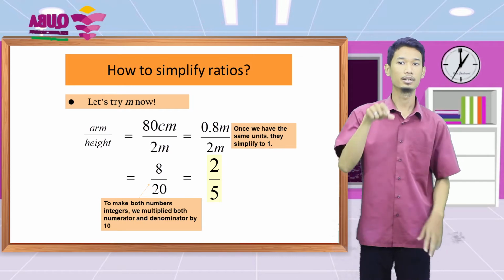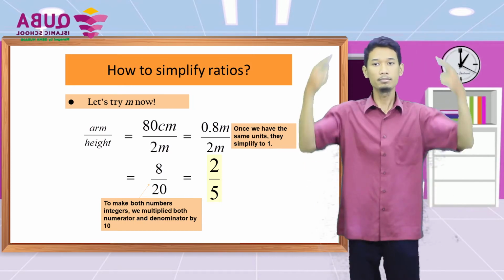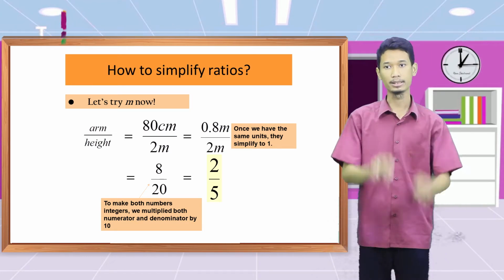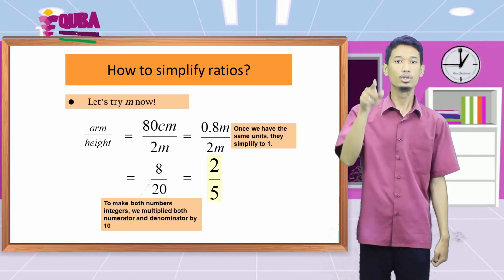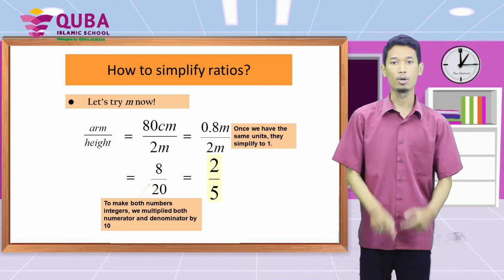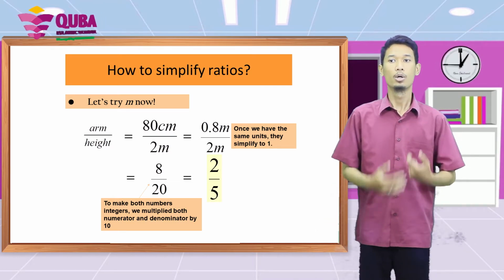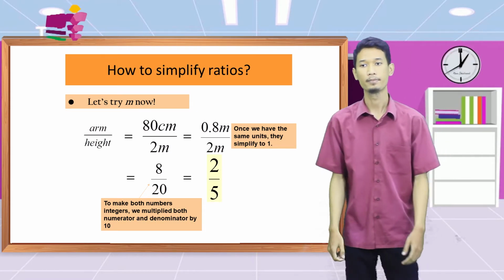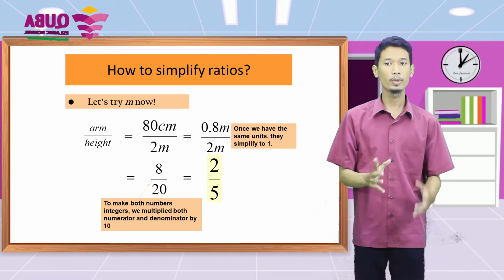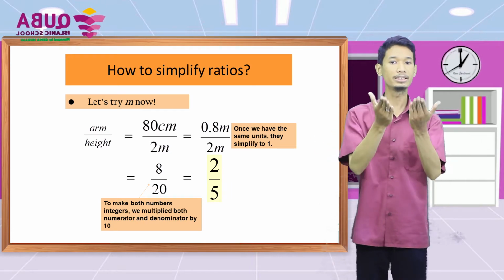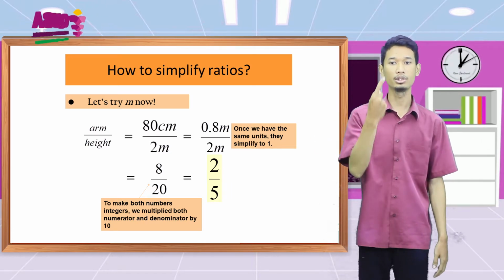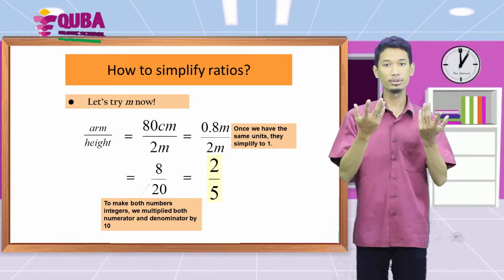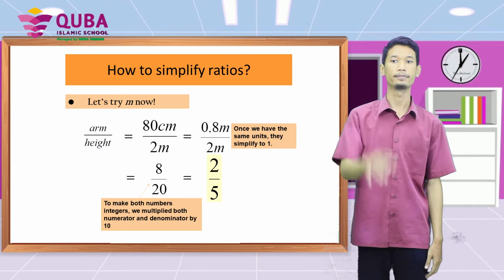Let's try meter. Arm over height equals 80 centimeter over 2 meter equals 0.8 meter over 2 meter. Once we have the same units, they simplify to 8 over 20. To make both numbers integers, we multiply both numerator and denominator by 10, which equals 2 over 5.